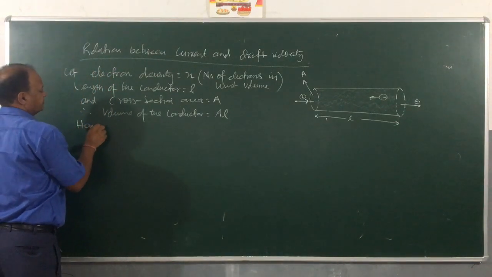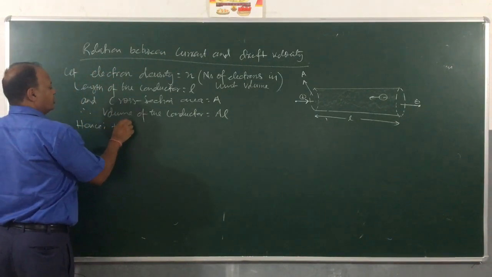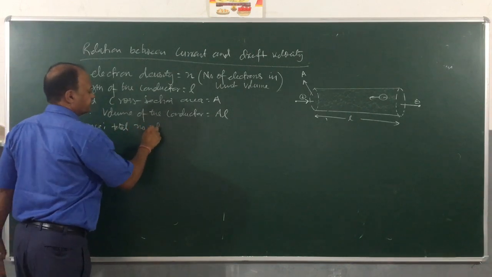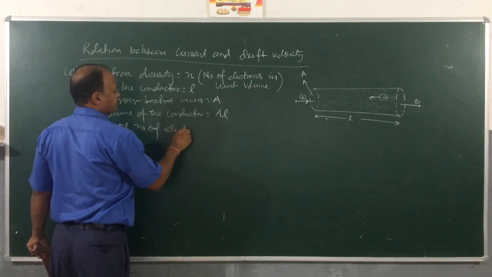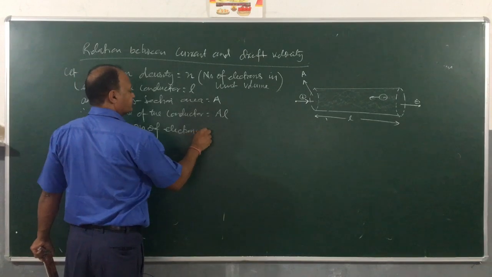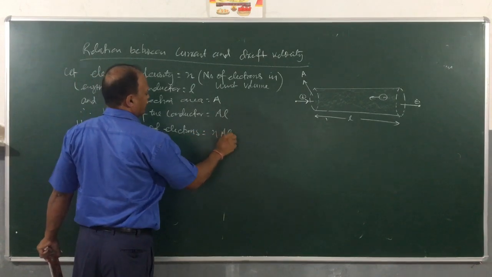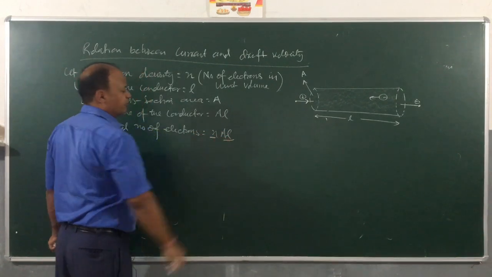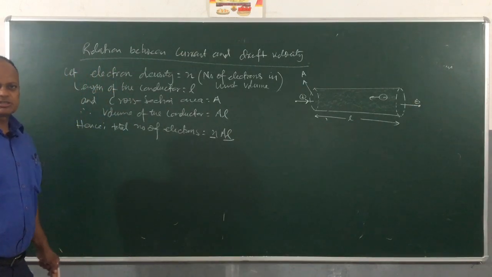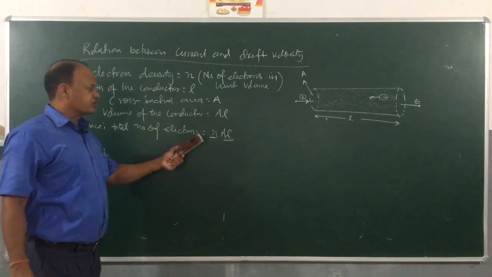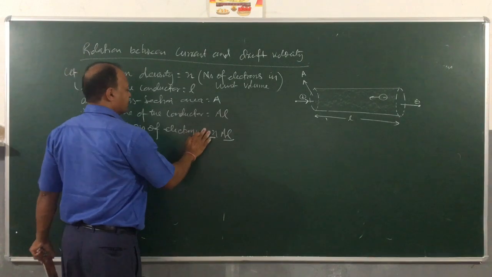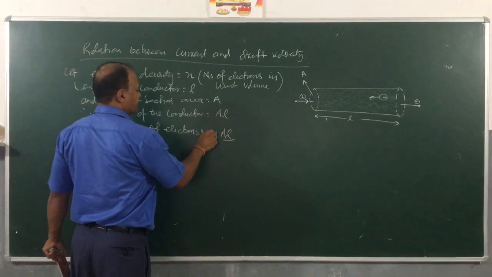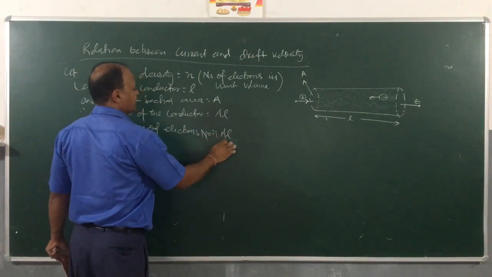Hence, the total number of electrons will be n into A into L. Electron density into volume will be the total number of electrons. Let's denote this by capital N. Capital N is equal to n into A into L.